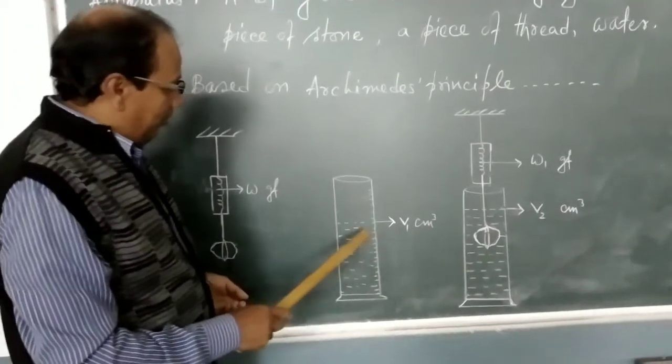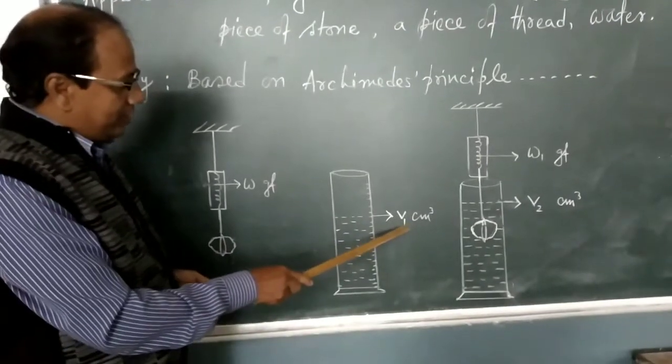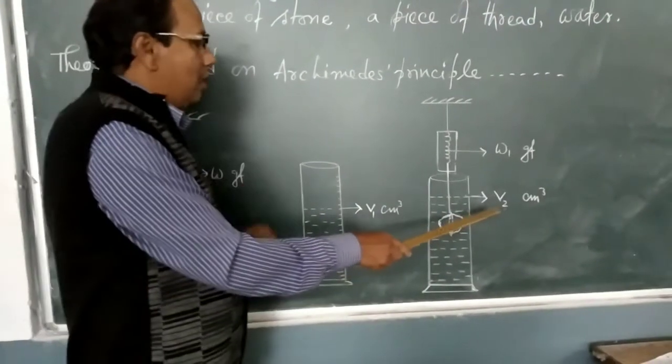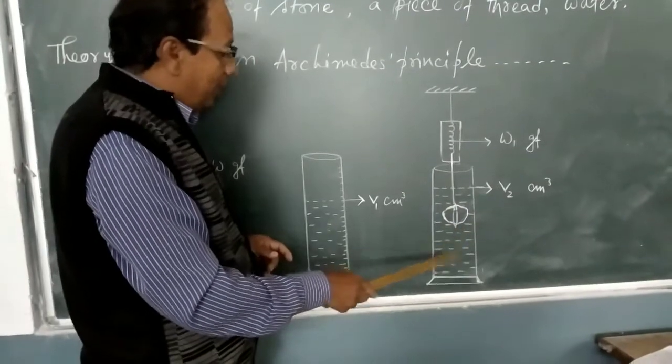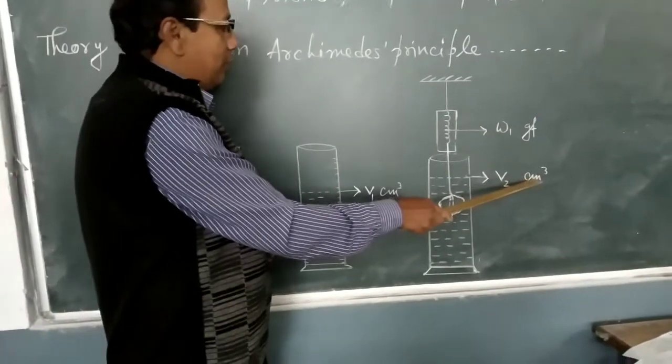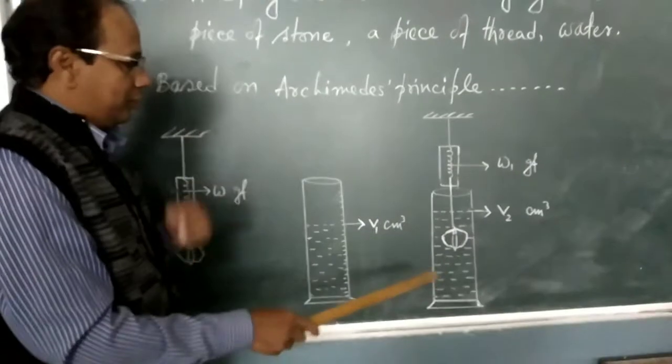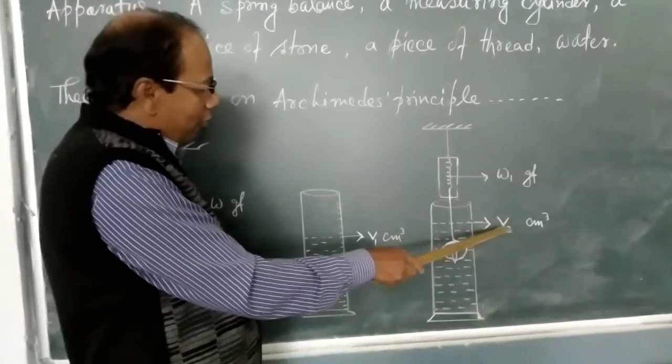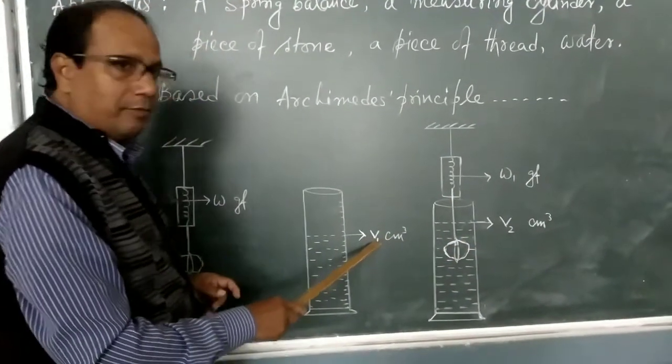And here, the volume of water is V1 centimeter cube, whereas the volume of water plus stone is V2 centimeter cube. Obviously, the volume V2 will be more than V1.